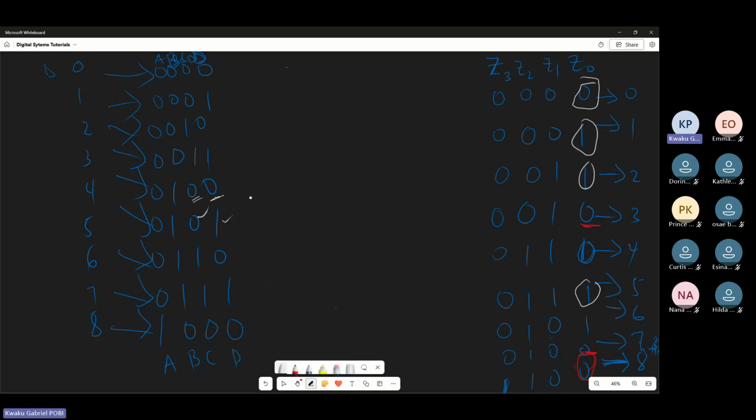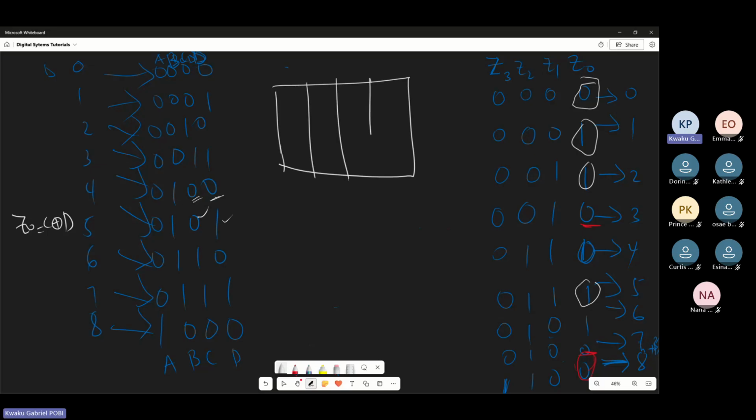Or if you are writing it, let's say Z0 is here, C XOR D here. Then I will go to Z1. Z1 too, we'll use this 4-input schema for it. So A, B, and then C, D. 0, 0, 0, 1, 1, 1, 1, 0.